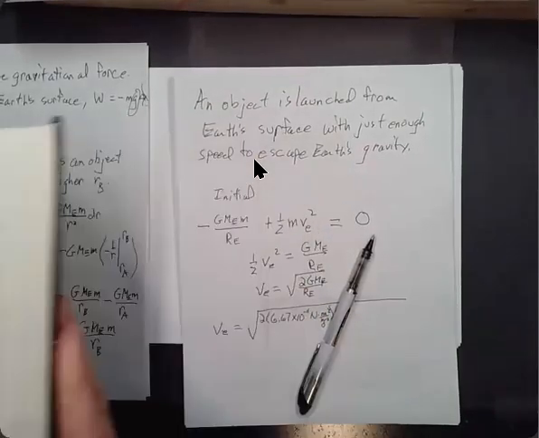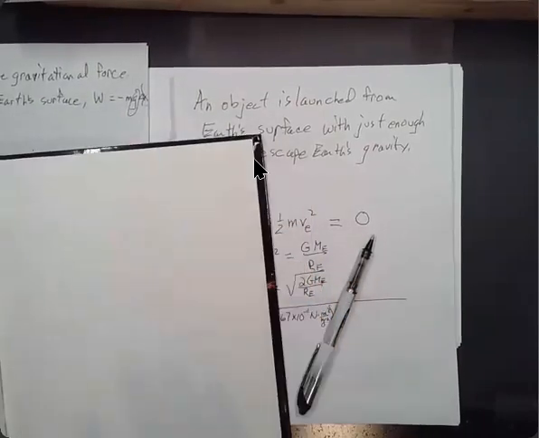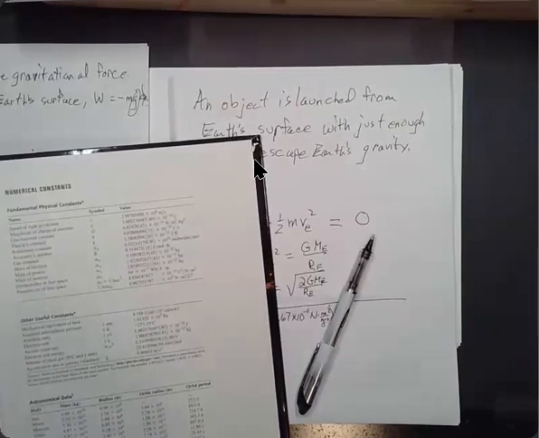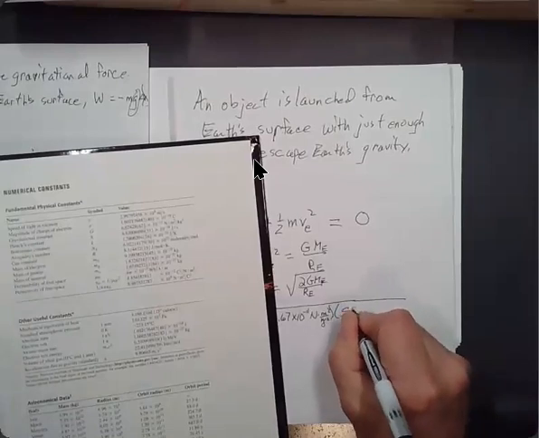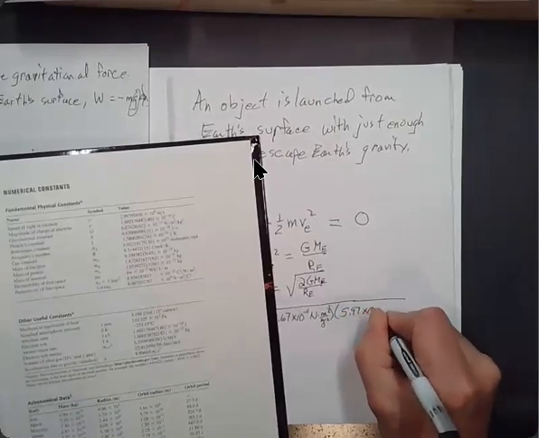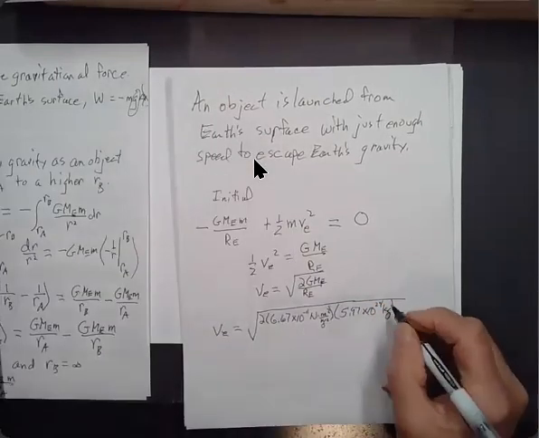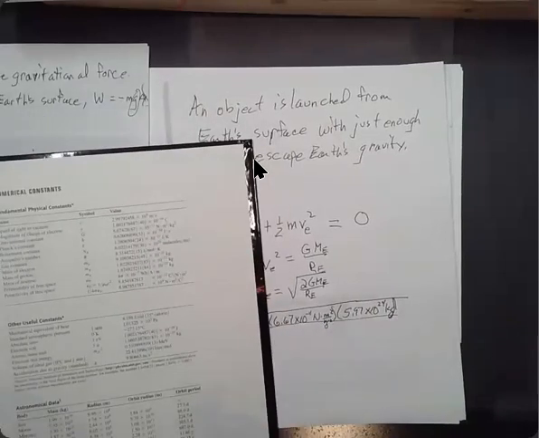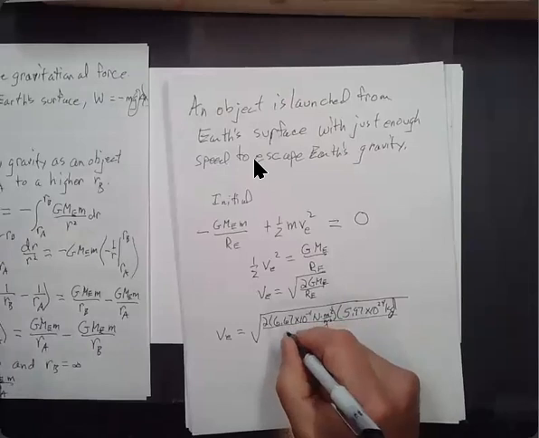I'll pull the book out here. Yes, astronomical data, Earth mass, 5.97 times 10 to the 24th kilograms. And then the radius of the Earth, I think, is 6.38 times 10 to the 6 meters.